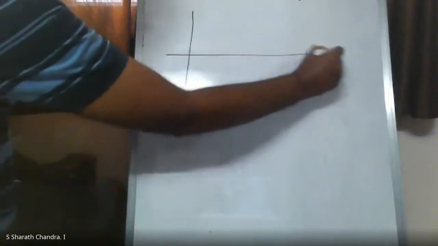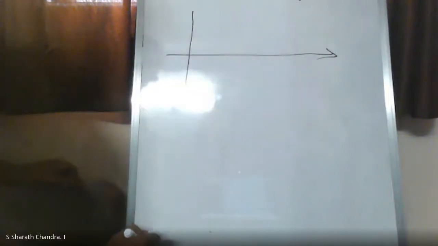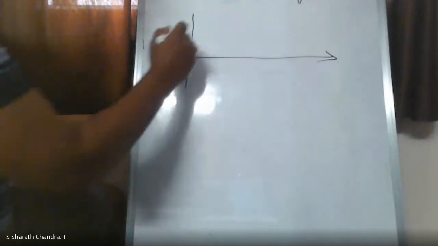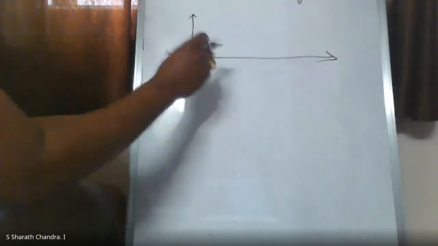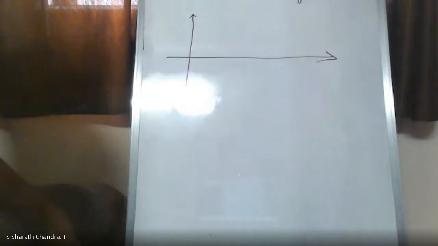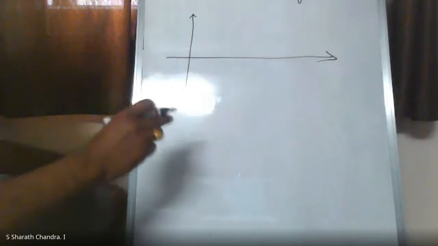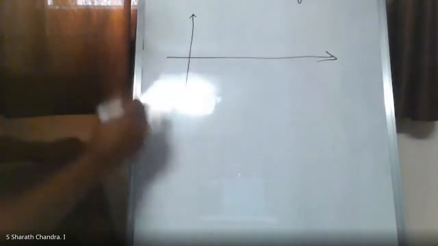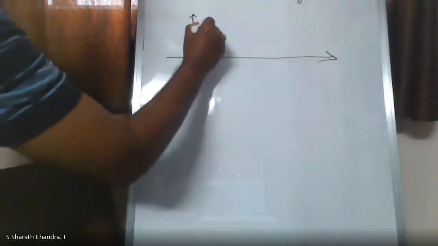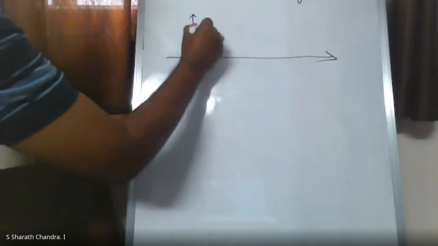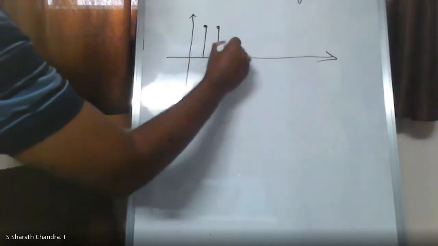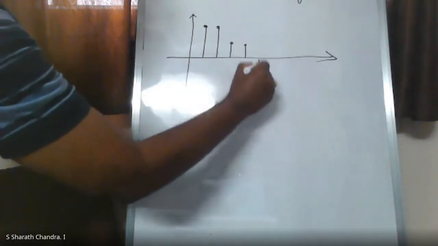Let me show an example of such a signal. Let us consider a discrete time signal which is represented only at specific values, and the amplitude is also defined only at some discrete instants and has some discrete values, something like this. They are all represented with respect to some integer values only.